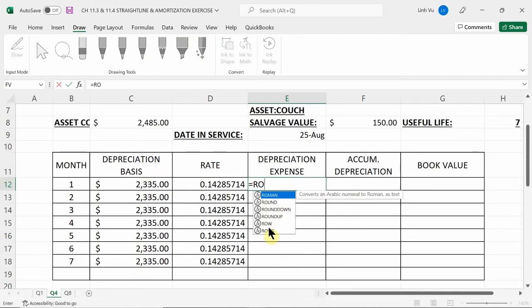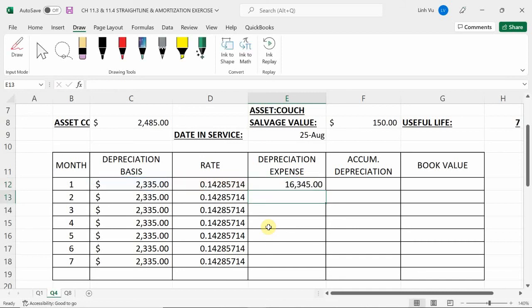So I'm going to use my equal round formula here. 16,345. Is that true?